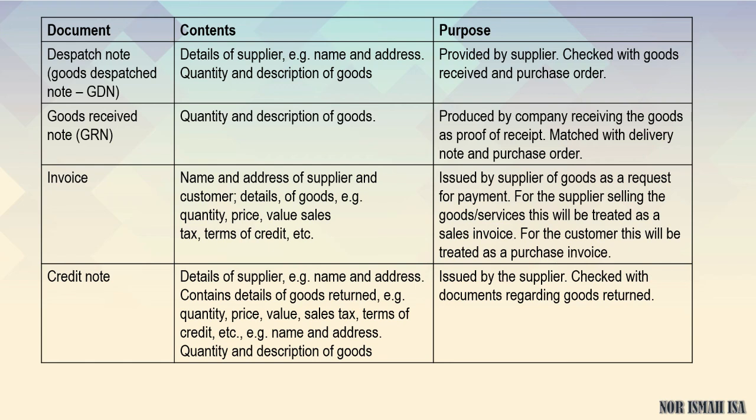So the purpose of the invoice is to request payment from the customer. The content is name, address of supplier, also for the customer, detail of the goods, quantity, price, value, sales tax, terms of credit, etc.